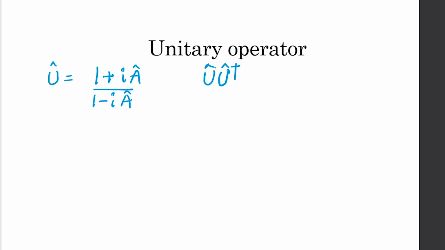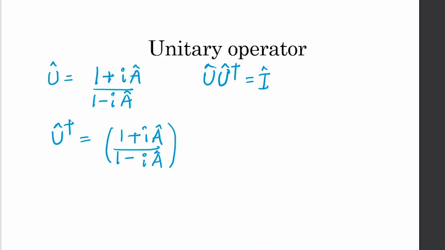If we take the product of the original operator and its adjoint, it should be equal to the unit operator. Firstly we have to find its adjoint, which is the complex conjugate and then transpose. Since we don't have a matrix, we just do the complex conjugate of this term.